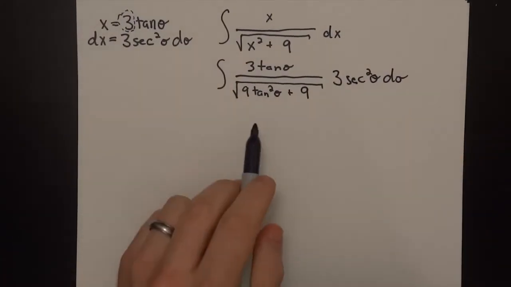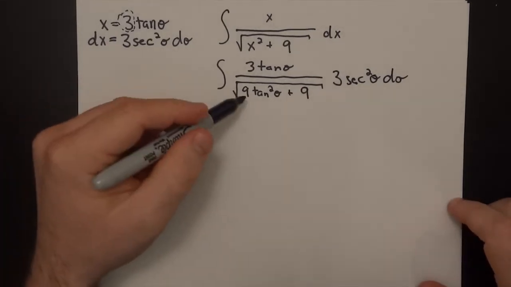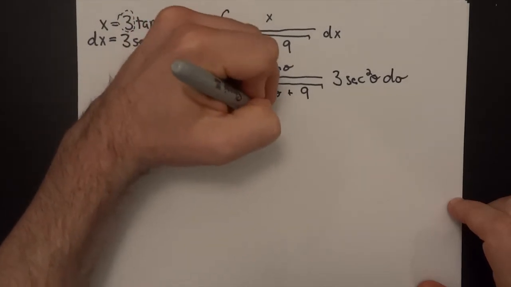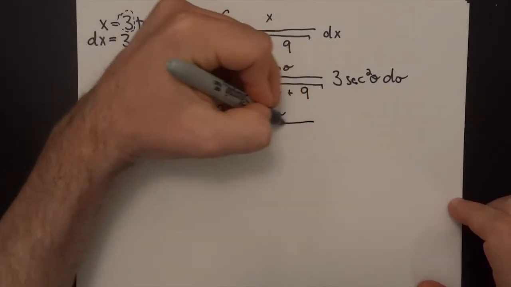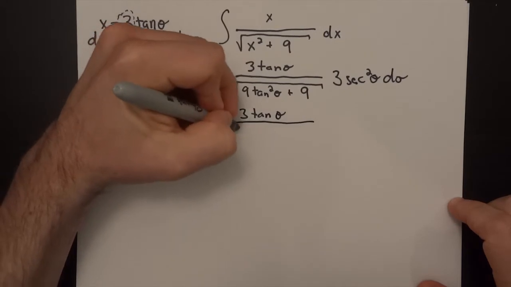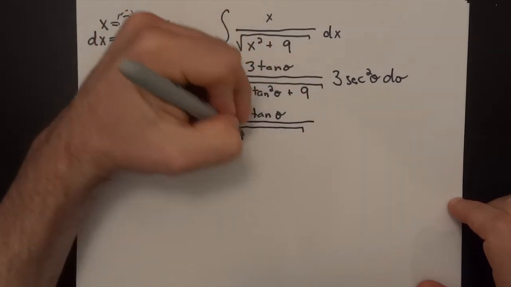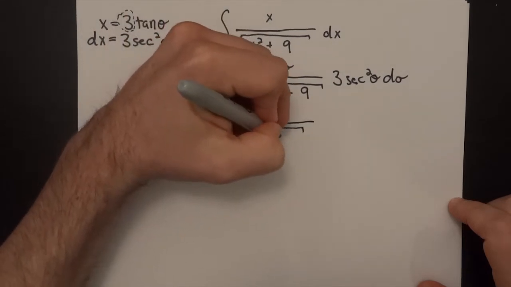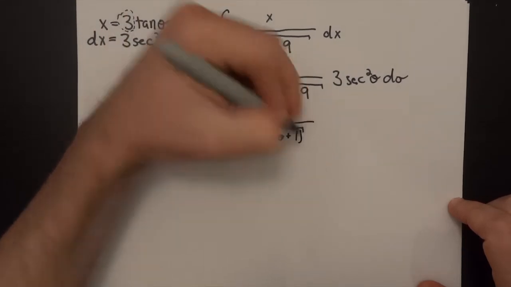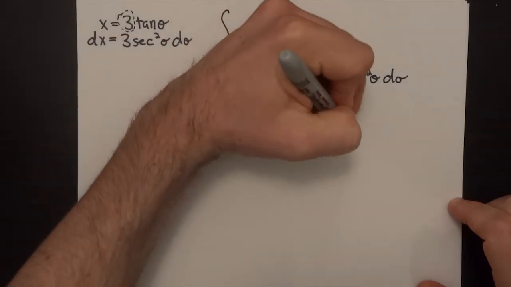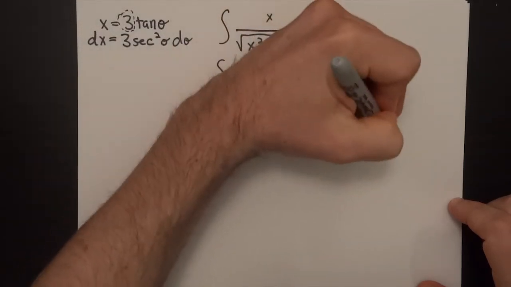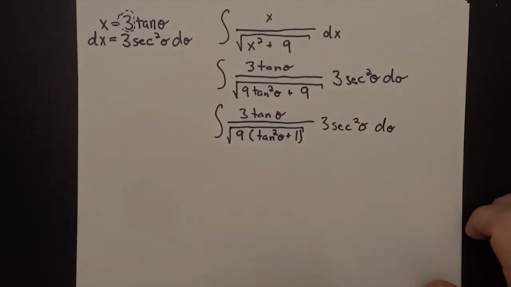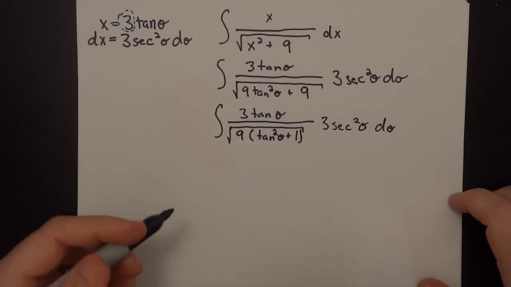Now our next step is going to be to actually factor this 9 out from underneath. So we're still going to have 3 tan theta up top, but below we can factor the 9 out. So now it's 9, and then it's tan squared of theta plus 1, right? And then we still have the 3 secant squared theta d theta. Now tan squared of theta plus 1 is just secant squared of theta, right, by the identity.